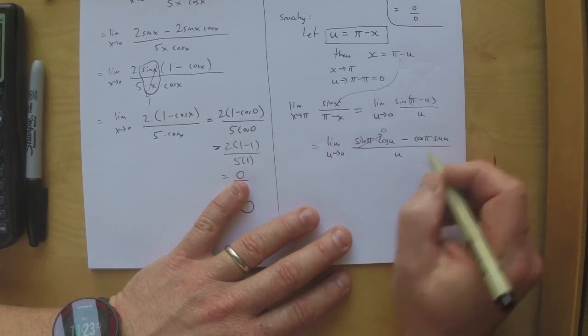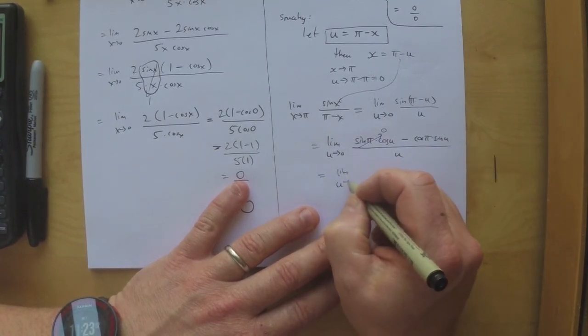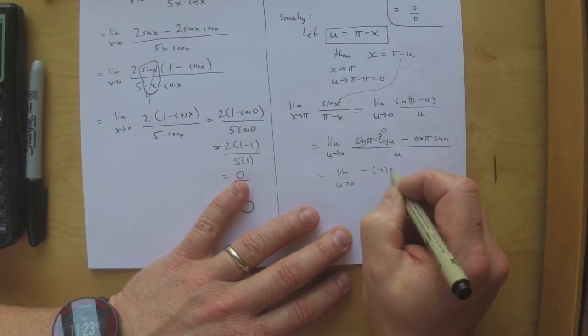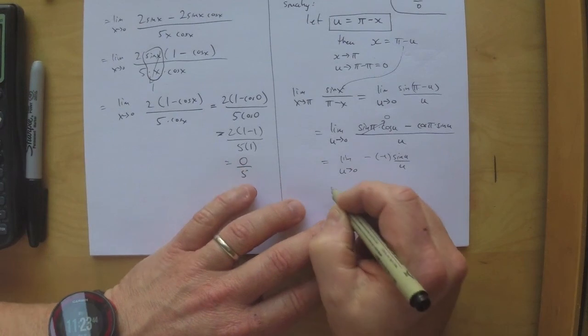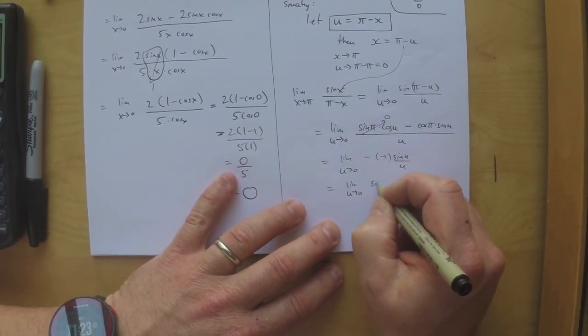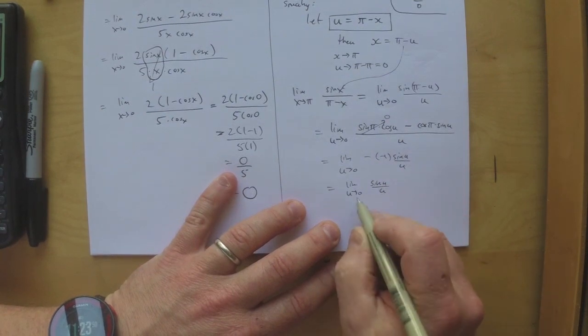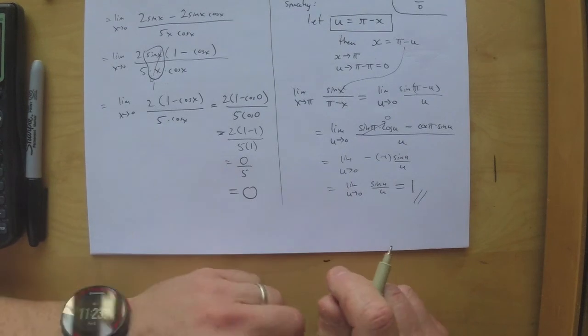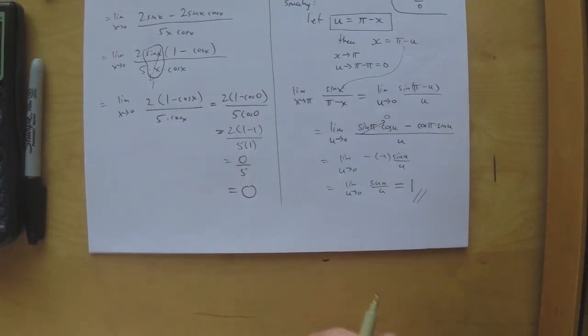Cos of pi is -1. So I end up with negative -1 times sine of u over u. So I get sine of u over u as u approaches 0. That's 1. Now that's an awkward one. There are other ways of doing it, but that's that particular question completed.